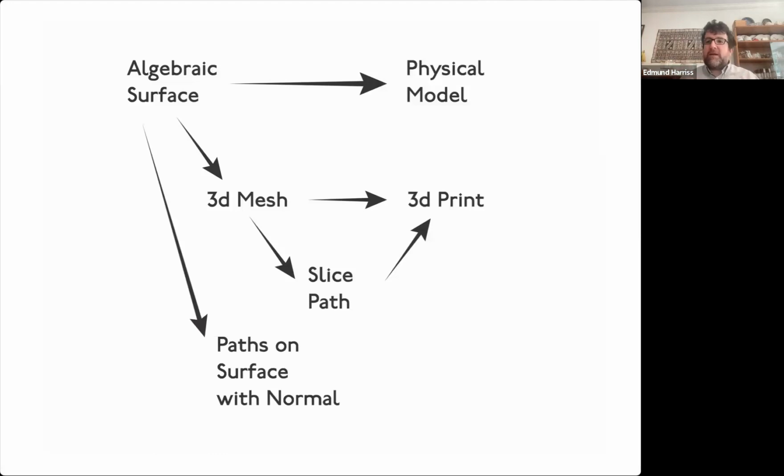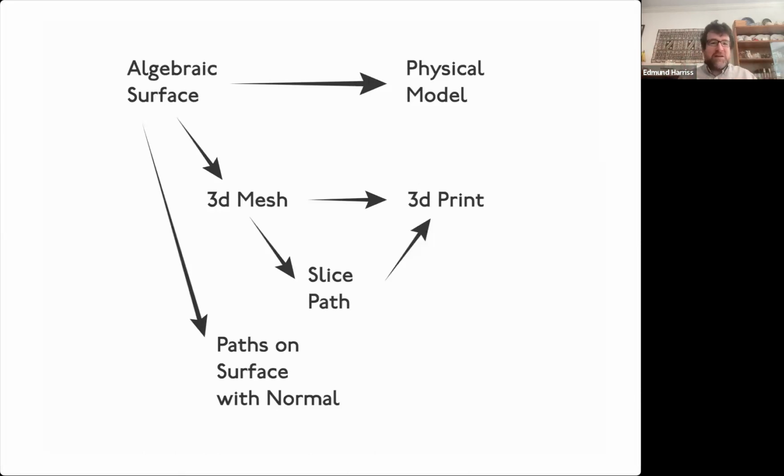A different approach would be to say, well, let's go straight from the surface to paths on the surface with the information about the normal to the surface at every point. Now we can stay on the abstract surface and generate how the machine is going to move.